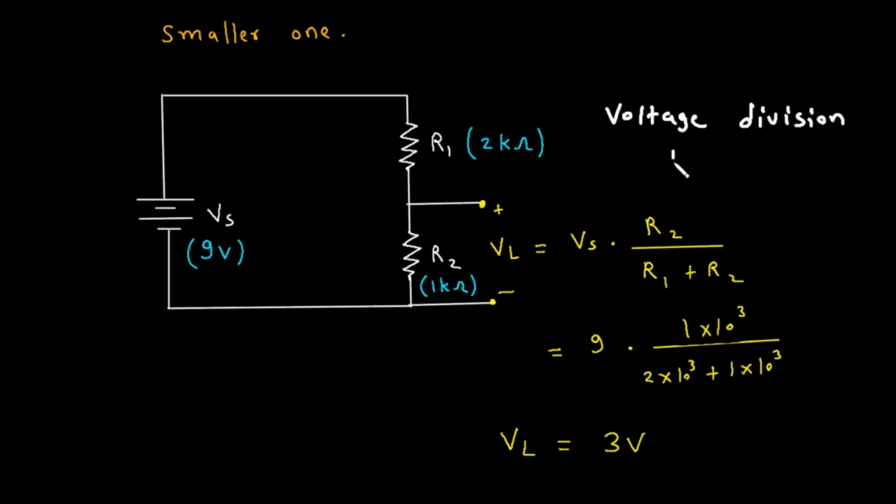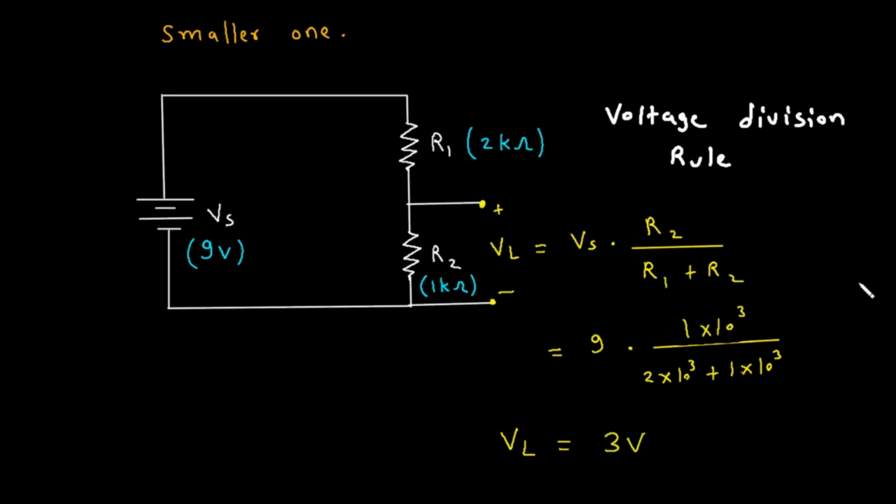By using this rule, we get VL is equal to Vs into R2 divided by R1 plus R2. This is nothing but the voltage division rule, and by using this formula we get the voltage across R2, which is 3 volt.